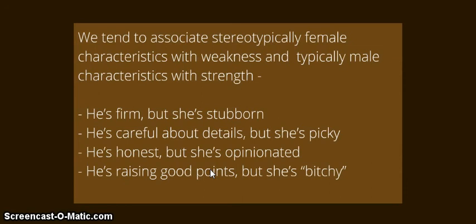For example, a man might be firm, but if a woman has that same quality, she will be seen as stubborn, perhaps. A man might be careful about details, but if a woman has that same quality, she might be seen as picky. He's honest, but she's opinionated. He's raising good points, but she's bitchy, right?